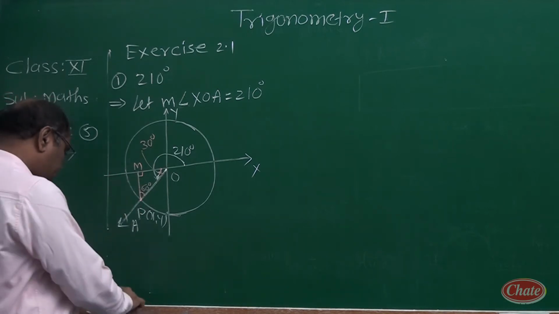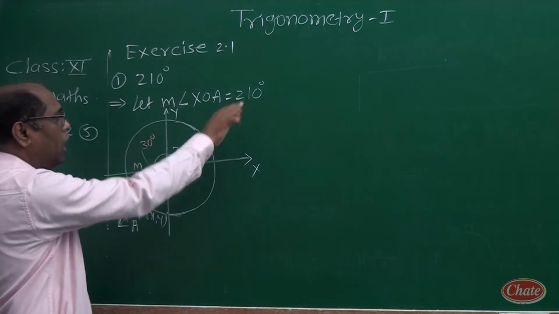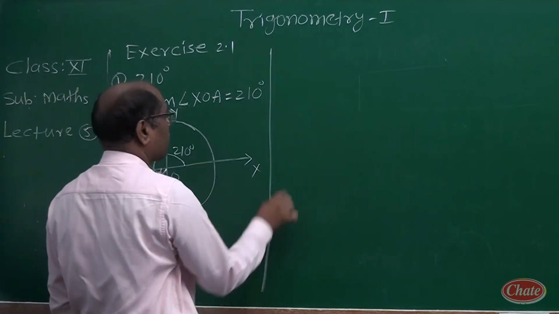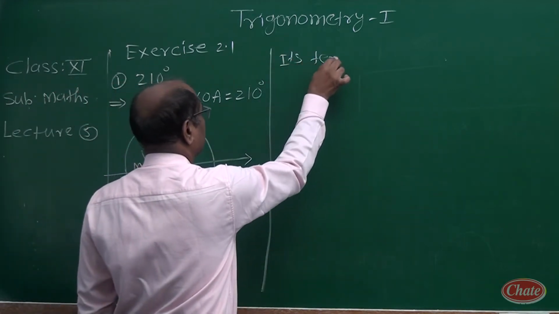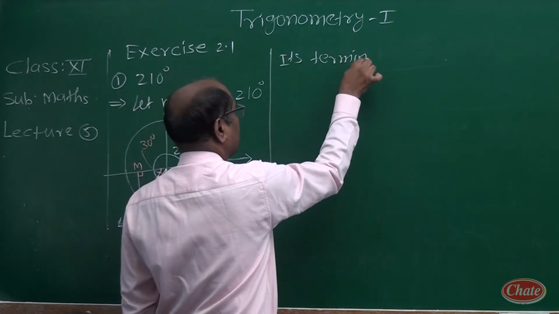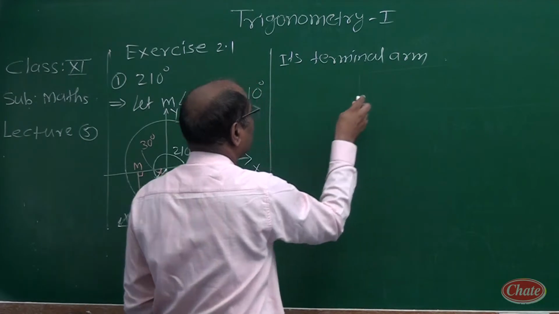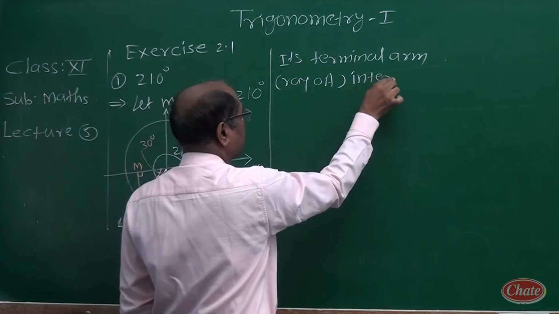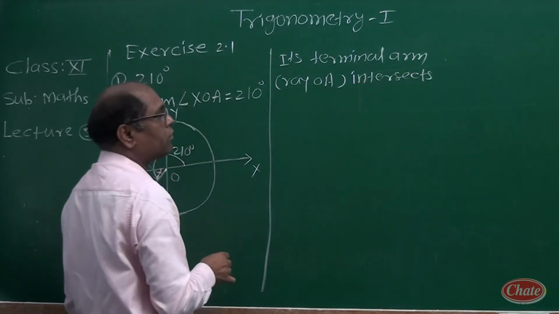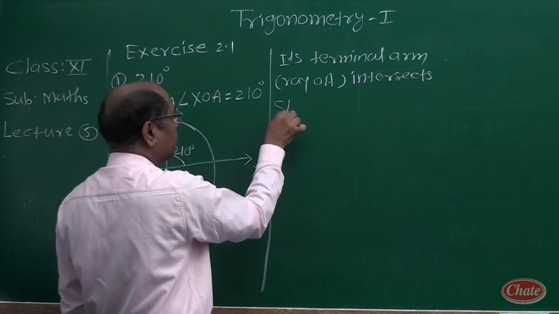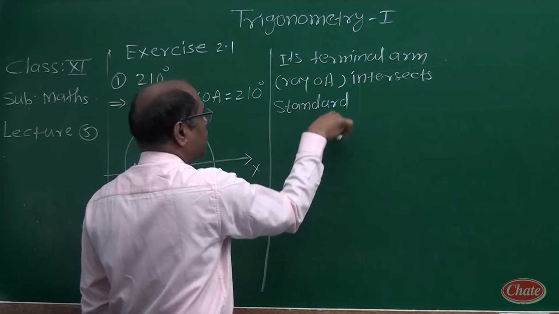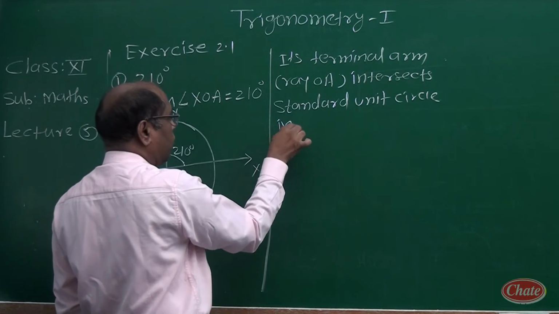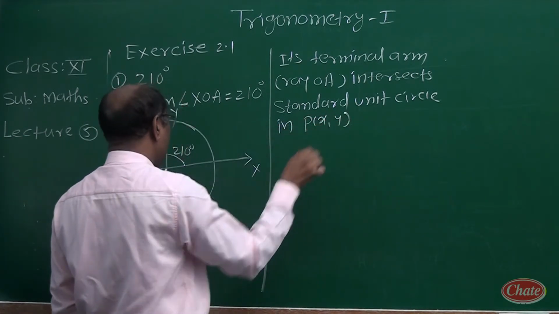Now here let the measure of angle XOA be 210 degree. Its terminal arm, that is ray OA, intersects the standard unit circle at the point P(x, y).